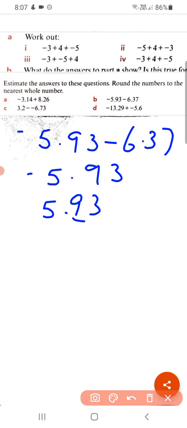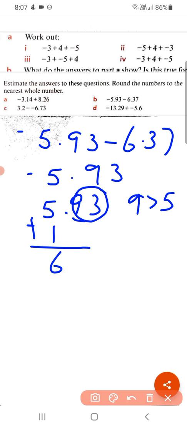Check the 10th place. 10th place is 9. 9 is greater than 5. So what will we do? Add 1 to the digit in the ones place. 5 plus 1 is 6. And remove this part. Okay. So negative 5.93 becomes 6. Okay.